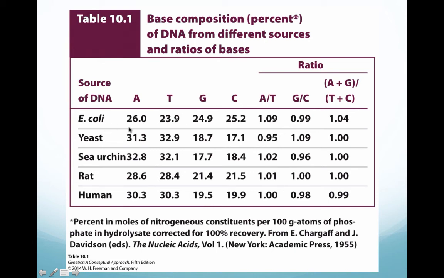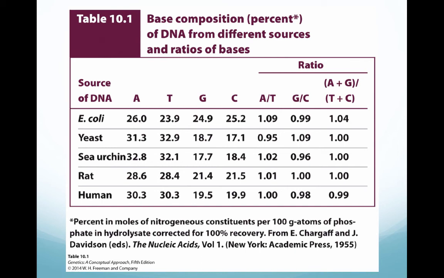And what he found was that the total bases found in these organisms varied greatly. The one that didn't vary very much was E. coli. It's pretty consistent across the board. It ranges from 23.9, but doesn't go any higher than 26.0.